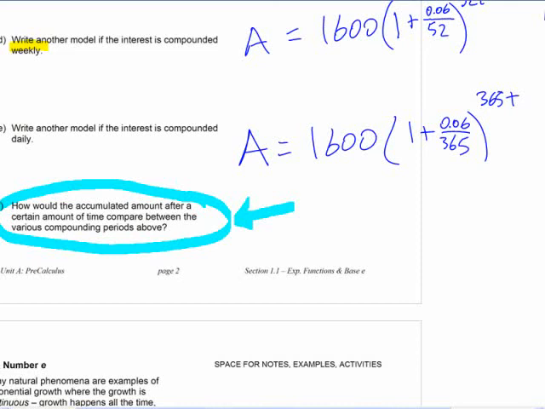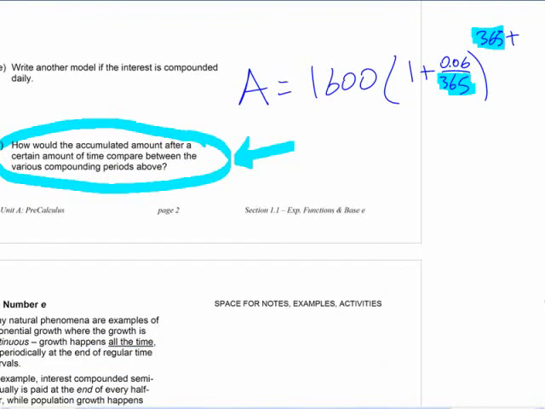Really, all we're interested in looking at here when we look for what the number e is, is this. We want to change this. So we're going to keep things simple here. We're going to make the variable the number of times you compound. We're going to look at the values you get when the number of compoundings is the variable.